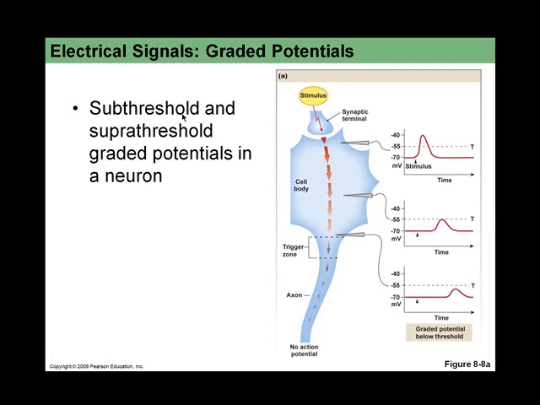Okay, so let's talk about subthreshold and superthreshold graded potentials in that context then. So not every single neuron is exactly the same, and from day to day, year to year, they are not exactly the same. But the same basic biophysical properties of distance and decremental decay over distance and time do apply.